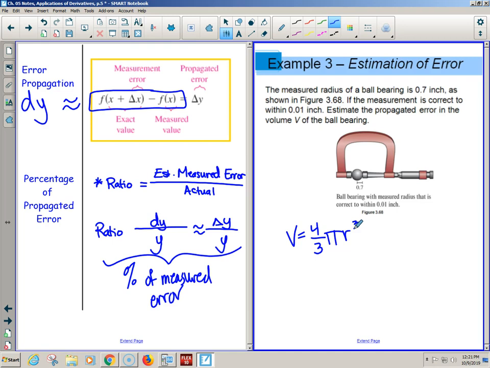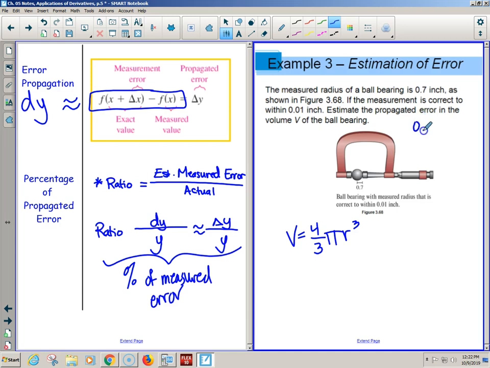The problem is, if my V, I could plug in 0.7 to V, but I'm trying to figure out how far off. I need to find the change in V, when plugging in 0.7 and plugging in up to 0.71.